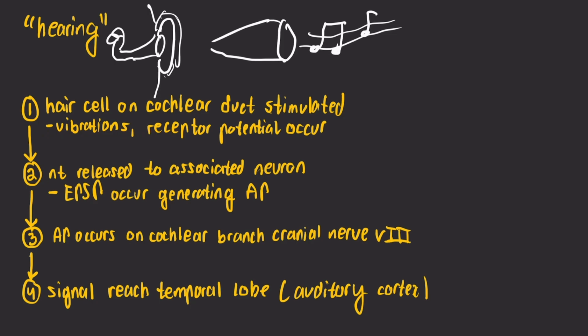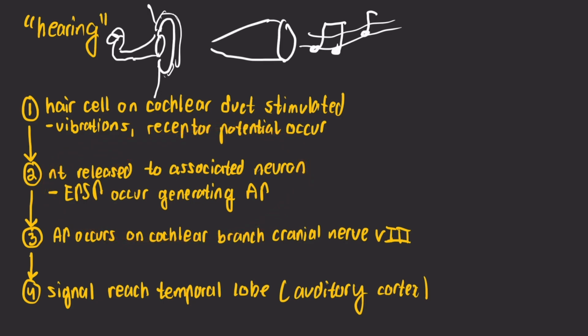If you look over here, this is our ear, for example, and deep in our ear we have these cochlear ducts, and they will be stimulated. Neurotransmitters will again be released to the associated neuron. An excitatory postsynaptic potential will occur, generating an action potential.